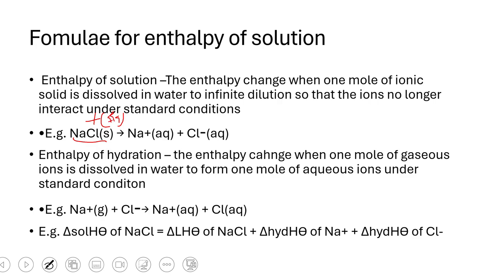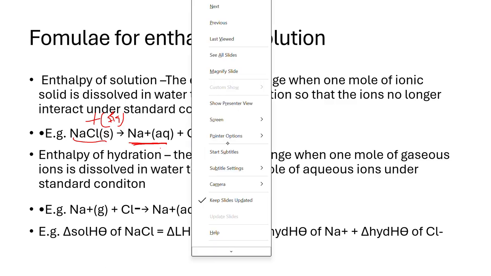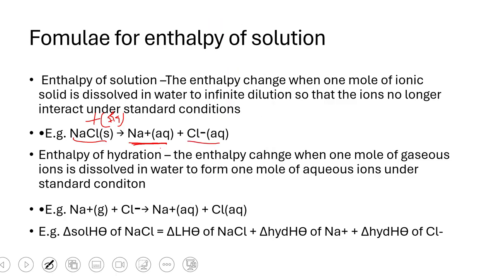Plus aq will dissolve in the water to give you the aqueous ions: Na plus aqueous ion and chloride ion. So the chloride ion and the sodium ion will no longer interact, and this happens under standard conditions.